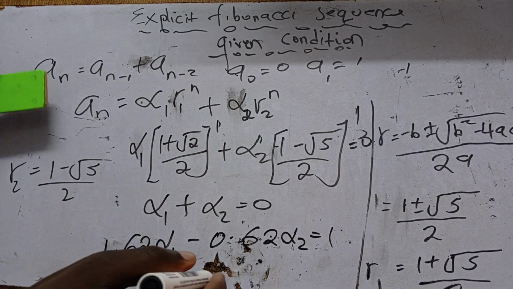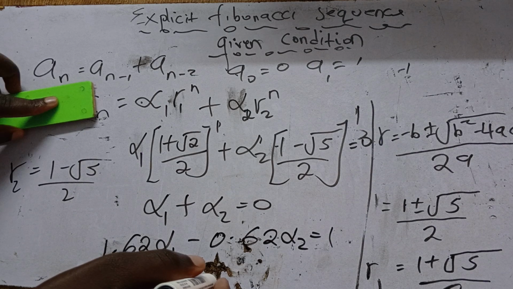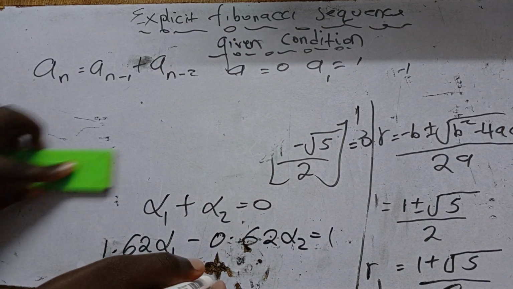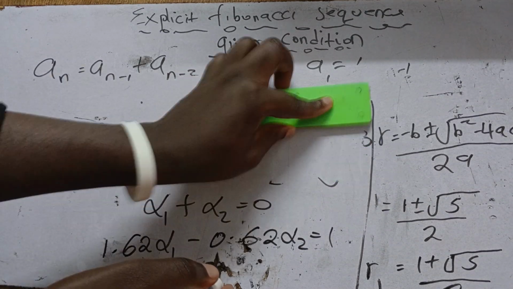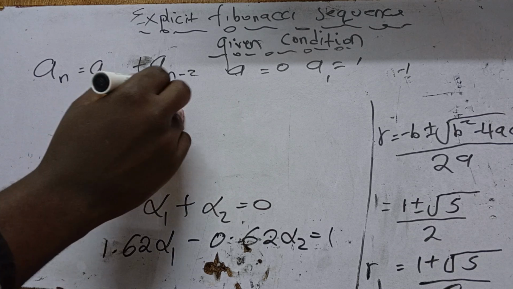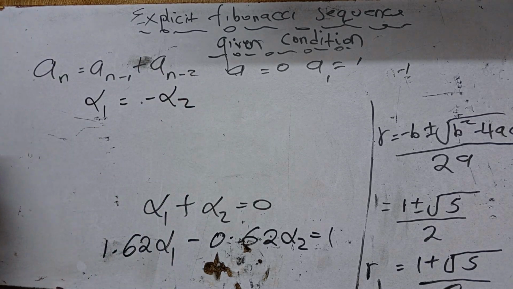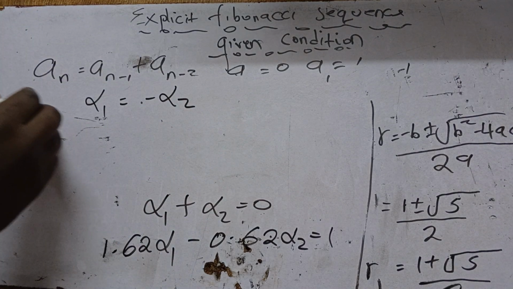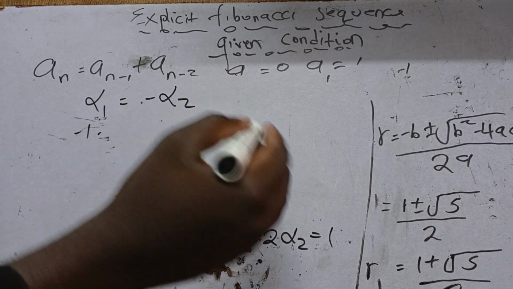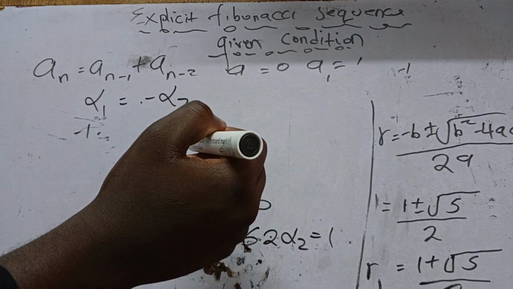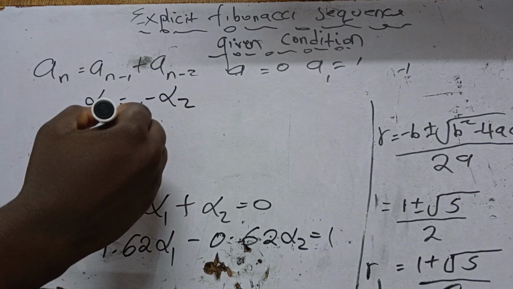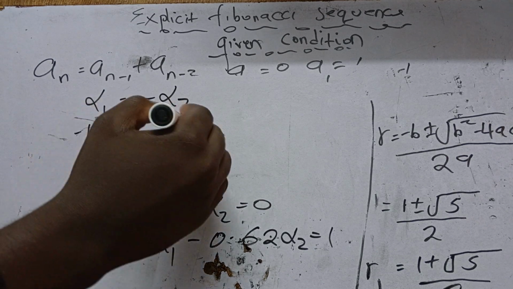So if you find the value of alpha 1 and alpha 2, alpha 1 is equal to negative alpha 2. So what will be negative alpha 2? That will be negative 1 plus 0.62.